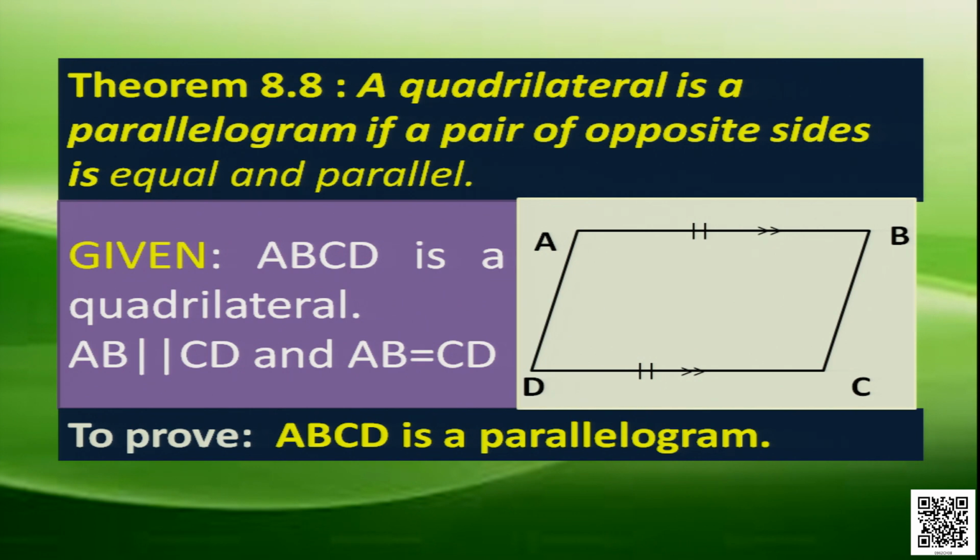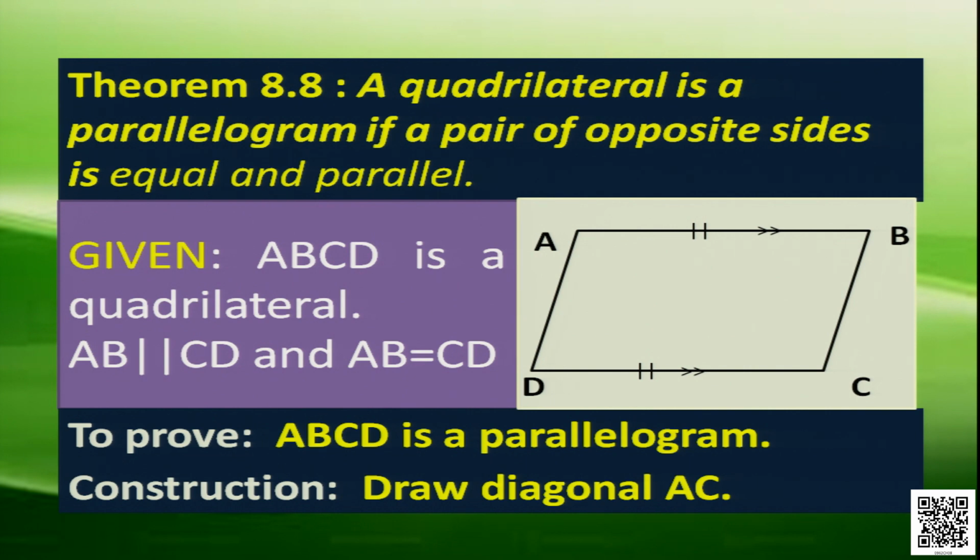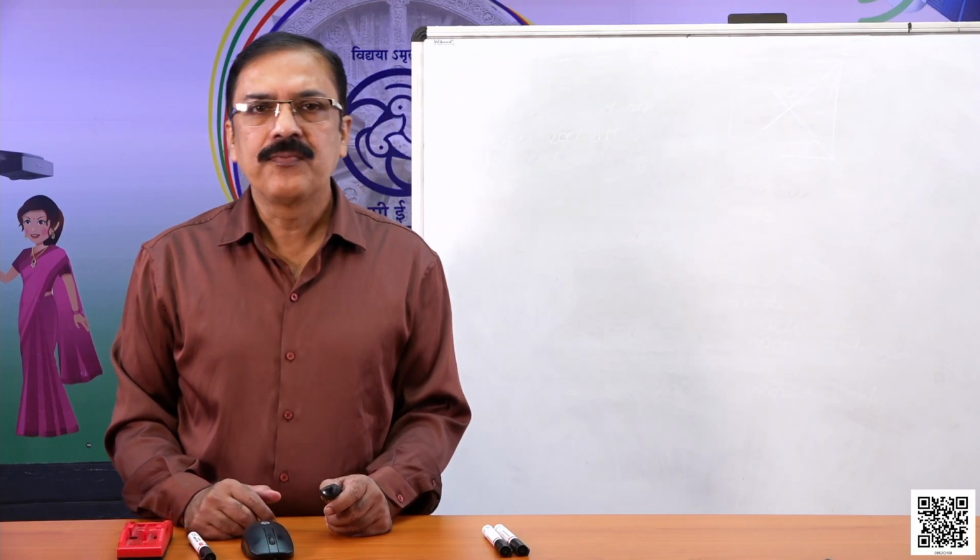As we know, to prove it a parallelogram, we need to prove AD is parallel to BC. For that, we need a transversal, so we have to construct something. What is the construction here? Draw diagonal AC.